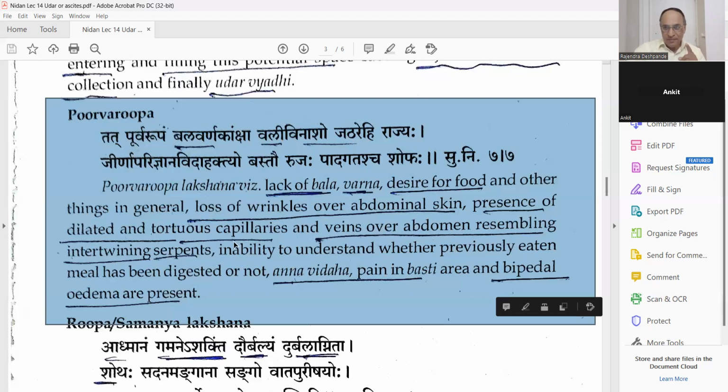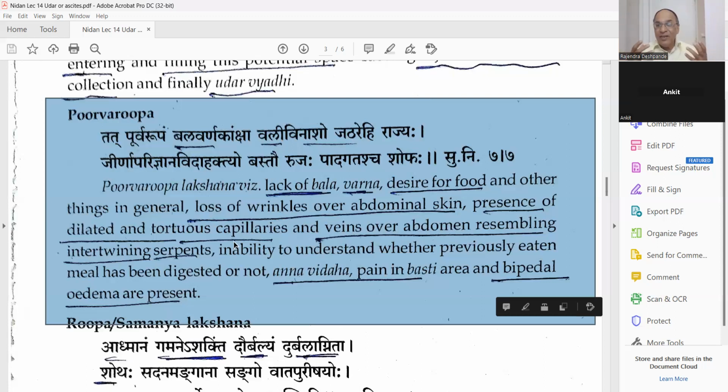This is very important. Please write down the word portal hypertension, P-O-R-T-A-L, hypertension. That means there is a srotorodha in the liver. From the lower extremities and lower abdomen, the impure blood enters into the liver, and from the liver it enters into the superior and inferior vena cava and comes to the heart.